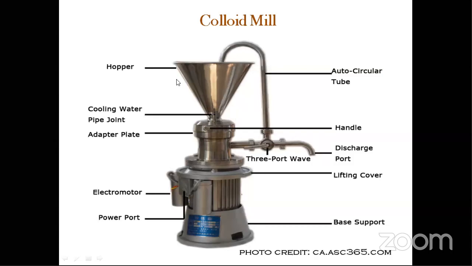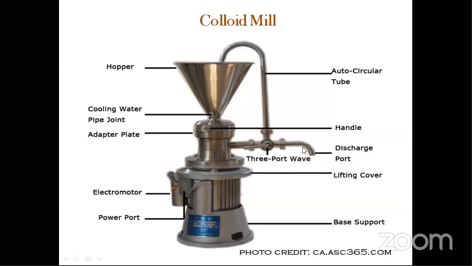It is called the hopper, and directly we can put the two immiscible liquids into this hopper. And this hopper is connected with the adapter, which is connected with the rotor and stator, directly rotating the rotor and stator in between the hopper. And this is connected with the electrical motor and the power port.